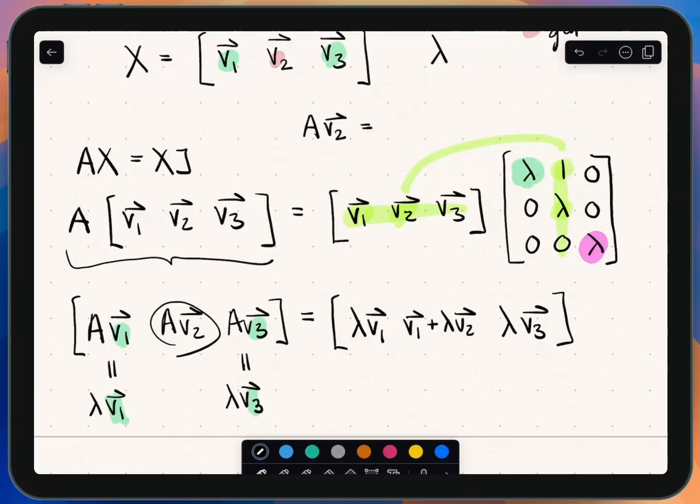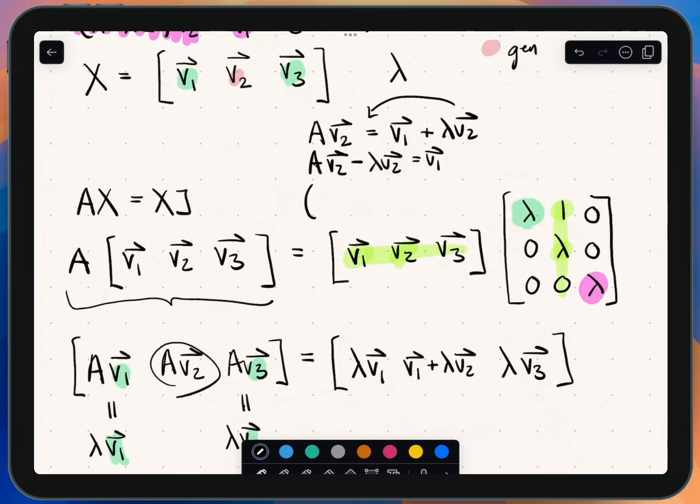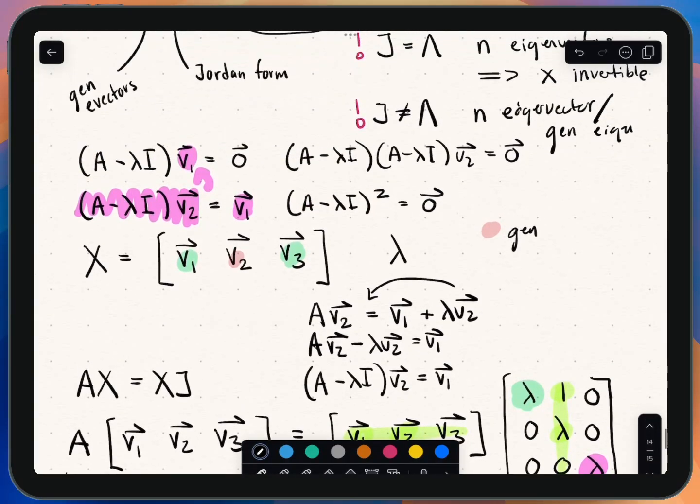Then I'm going to do the trick where I throw the lambda V2 to the left side. So this will give me AV2 minus lambda V2 is equal to V1. And if I factor out the V2, I get A minus lambda I times V2 is equal to V1.